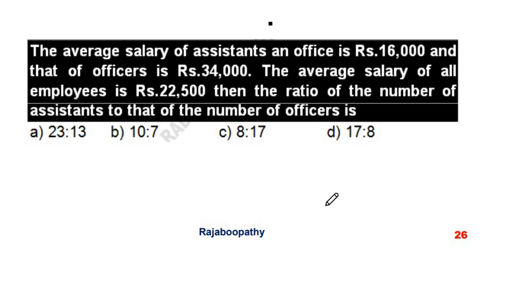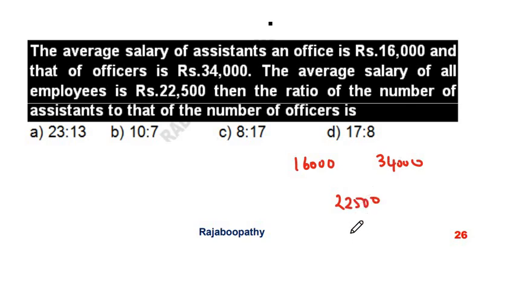Similar question, we have solved already. Find the answer fast. Simple. This is a simple problem, a basic problem. Similar problem with assistant officers. So this is 16,000, 34,000. Average is 22,500.